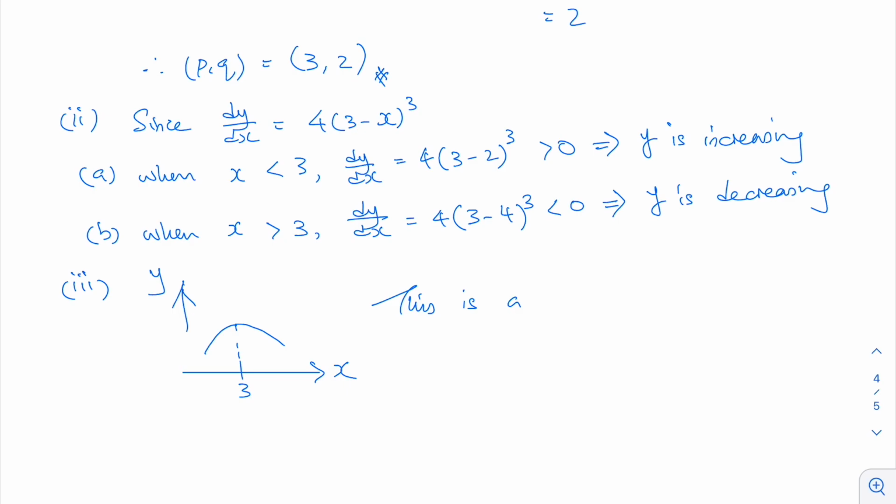Point of inflection, maximum point or minimum point. So what is this? Maximum point. This is a maximum point.